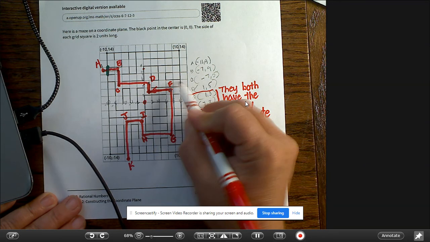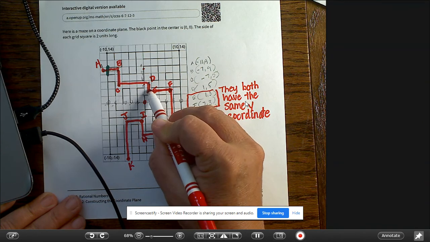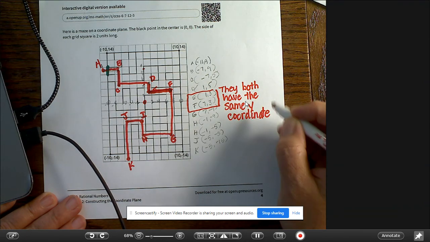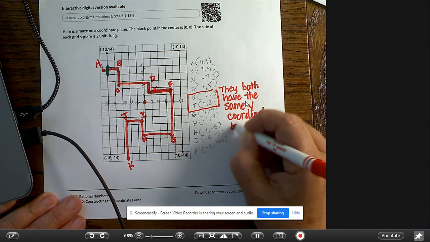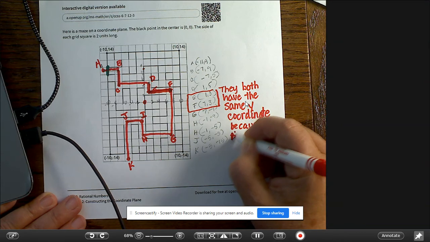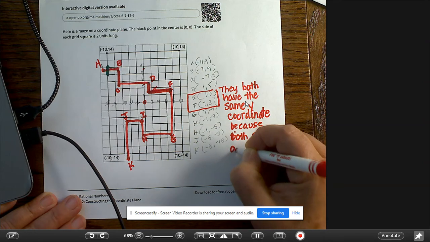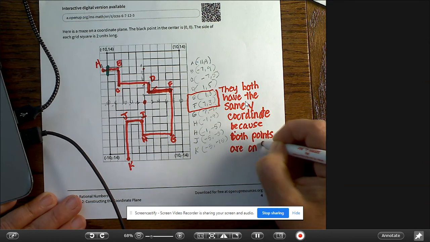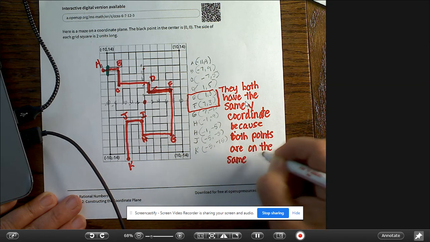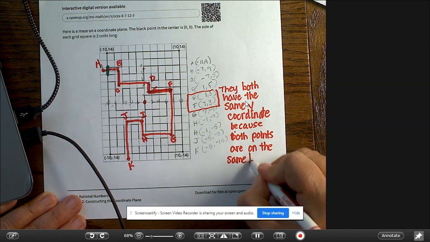So they're both going to have the same y coordinate because we're going in a line, a horizontal line. I'm going to say both points are on the same horizontal line.